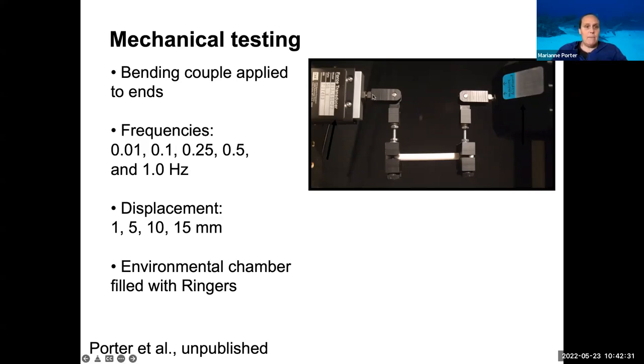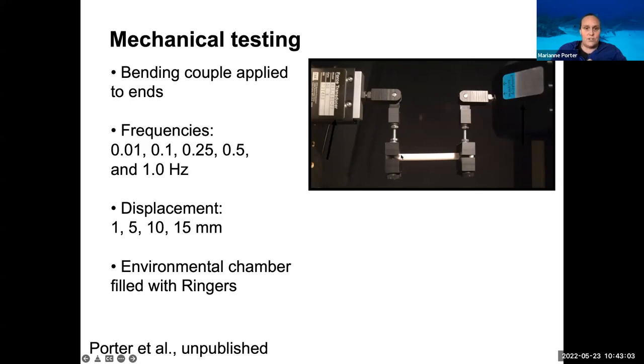And we did that by applying couples here at the end. So you can see we've got this little moment arm attached to our actuator and our load cell, moment arm coming down. We've got a little joint right here, little hinge, and we can change the height of these grips so that we're able to change the length of our moment arm, which is going to, of course, allow us to test another variable and look at how bending changes in our structure.